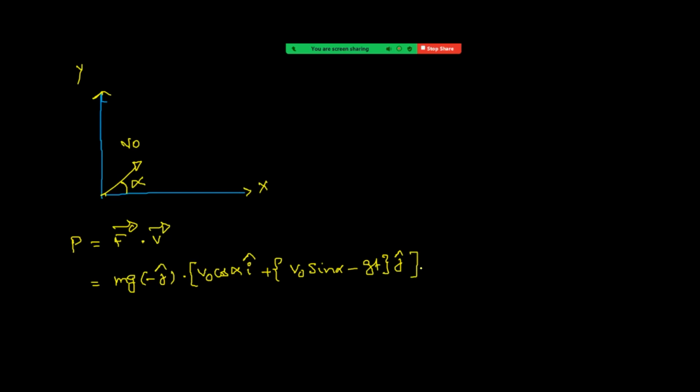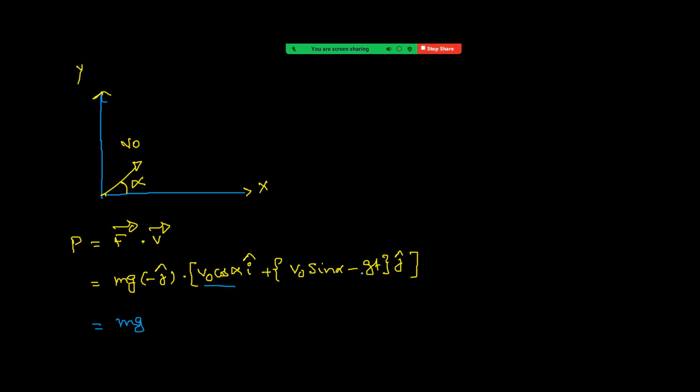And the remaining part is just calculation. I can take mg outside. j cap dot i cap is 0, so this part is not required. The remaining part j cap dot j cap is 1, having a minus here.